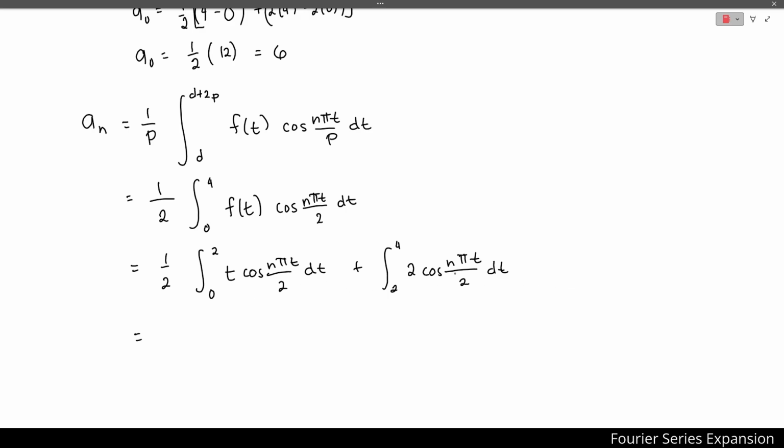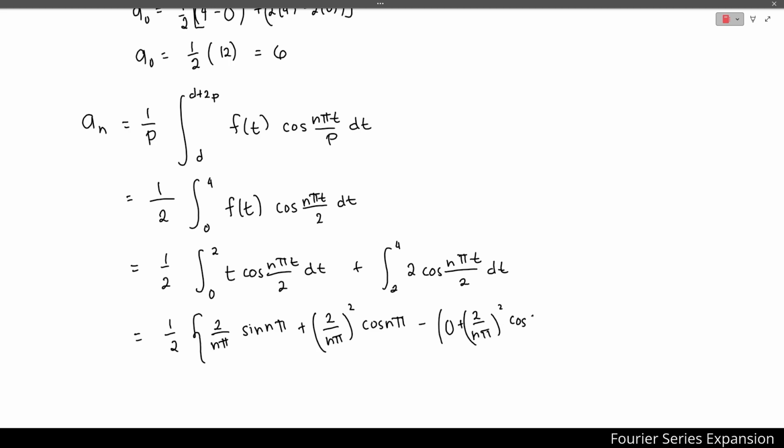Evaluate both of these. Evaluating both of these, we would get 1 half, 2 over n pi times n pi plus 2 over n pi squared, cosine pi minus 0 plus 2 over n pi squared cosine 0.